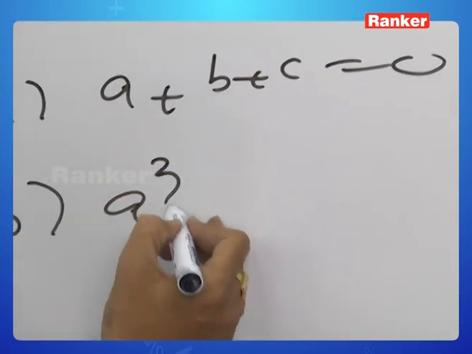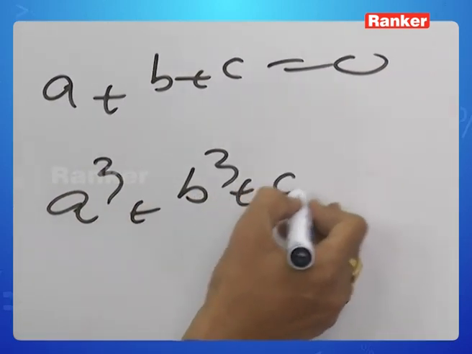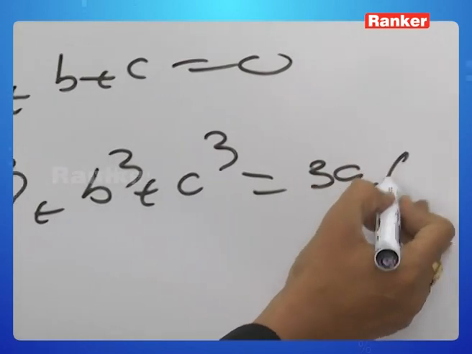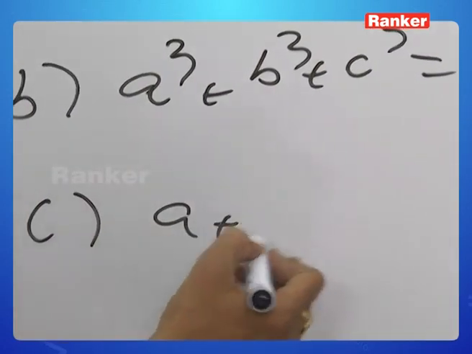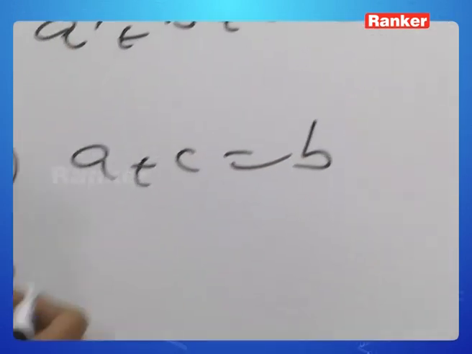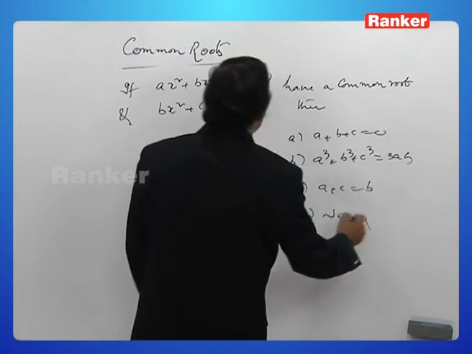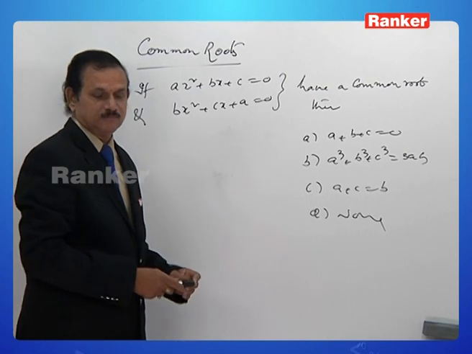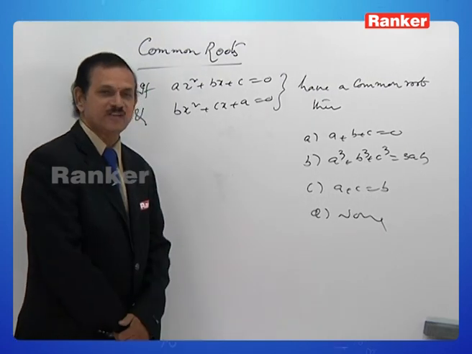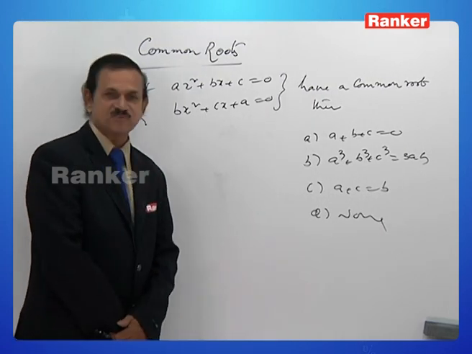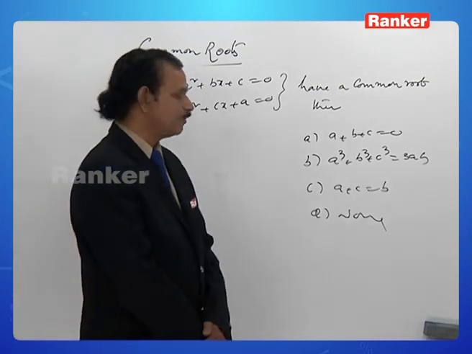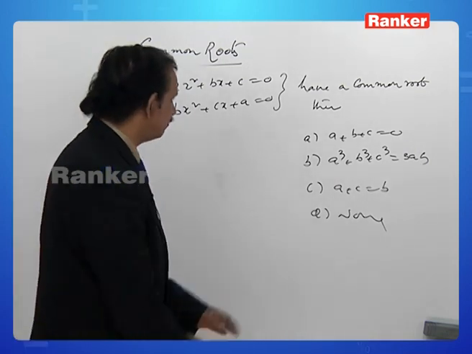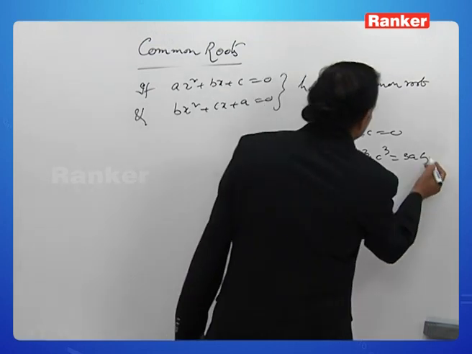Second option: a cube plus b cube plus c cube is equal to 3abc. Third option: a plus c is equal to b. Fourth option: none. This is a multiple answer type. You can easily say with just a mere observation that both the first and second options are correct: a plus b plus c is 0 and a cube plus b cube plus c cube is equal to 3abc.